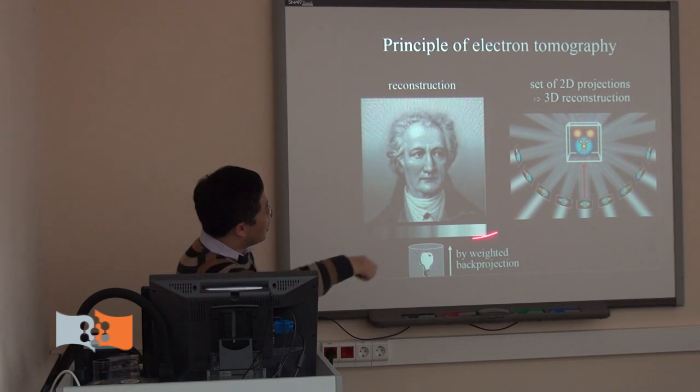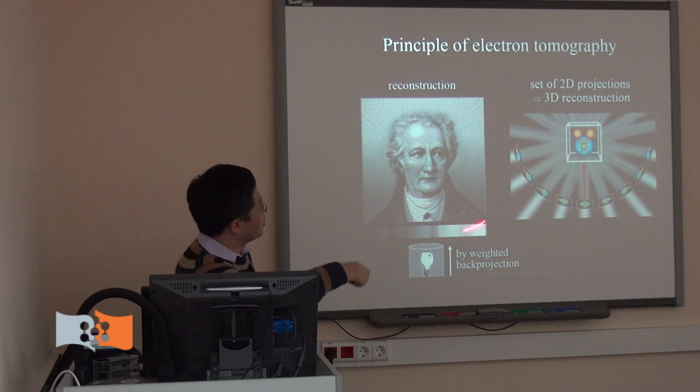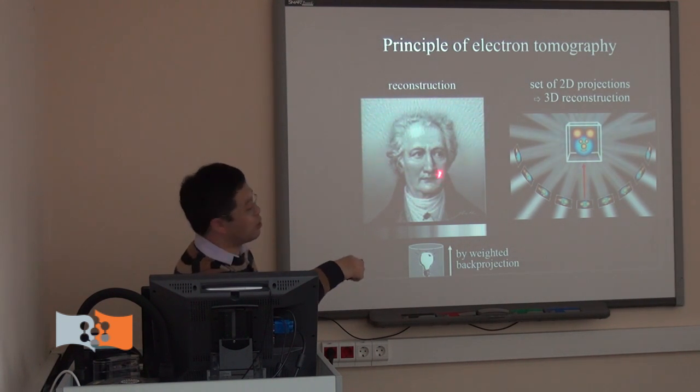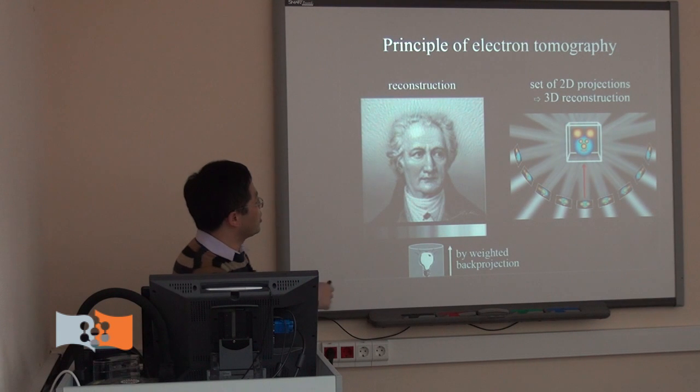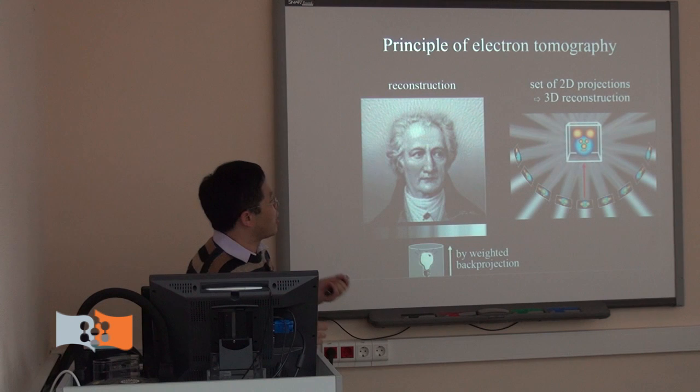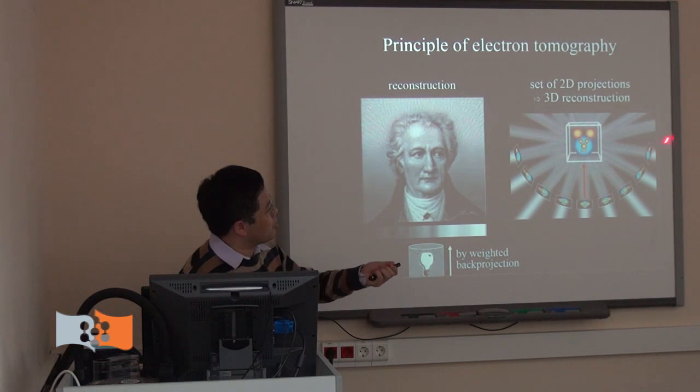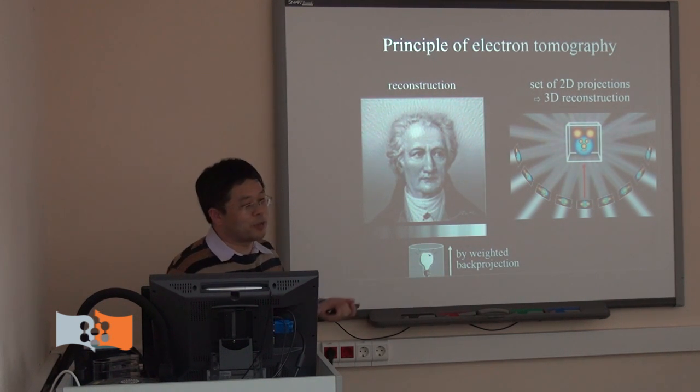If you fully cover the whole projection orientation, you can cover this image. So this is the reconstructed 2D image from different 1D projection images. But if you compare it with the original picture, you can see some distortion because you cannot fully cover it. With the sampling, there is always some missing information in some area.